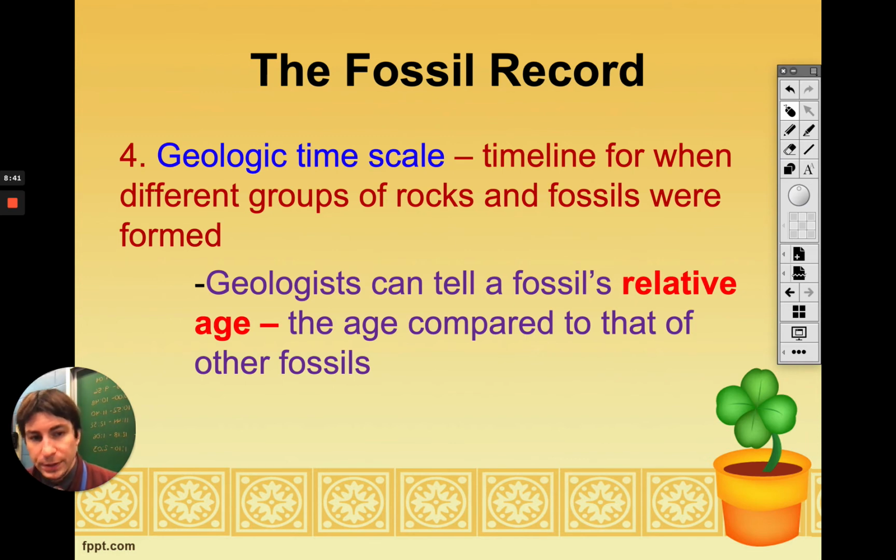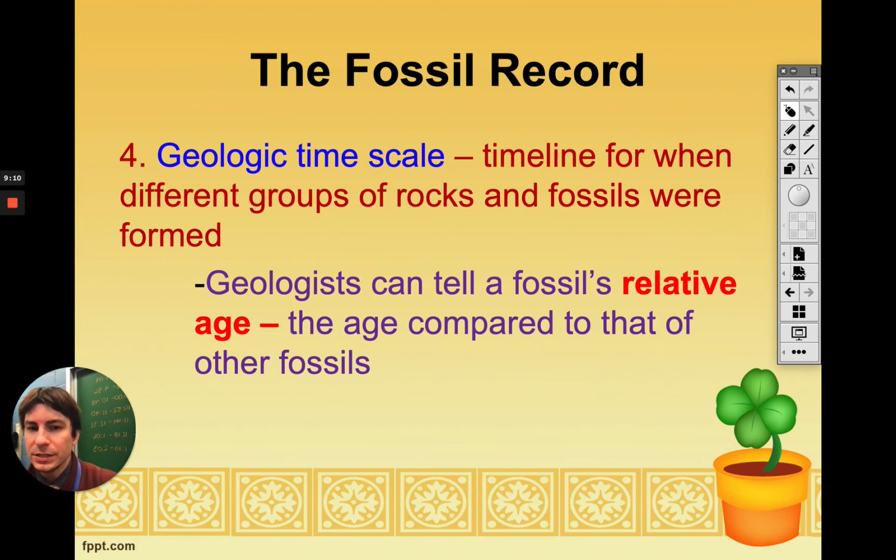If the first one is above the other fossil, we would say it's younger, and whatever fossil is below it, we would say is older. So it doesn't give us numbers, but it does say, okay, look at this fossil, look at this fossil. We know that the one up top is younger than the one below it. And that's pretty much all the relative age is.